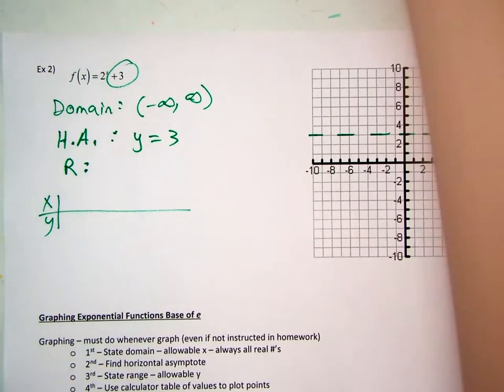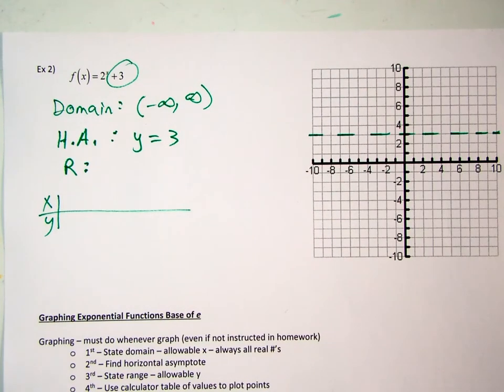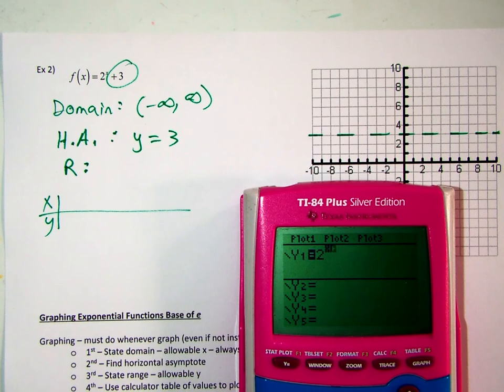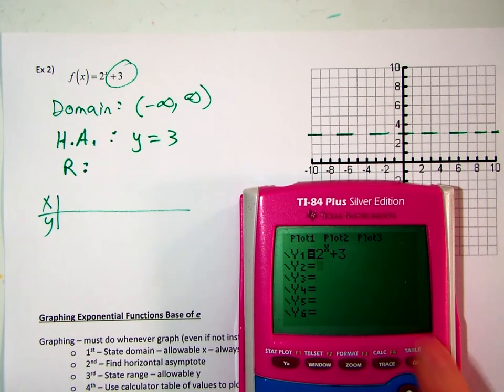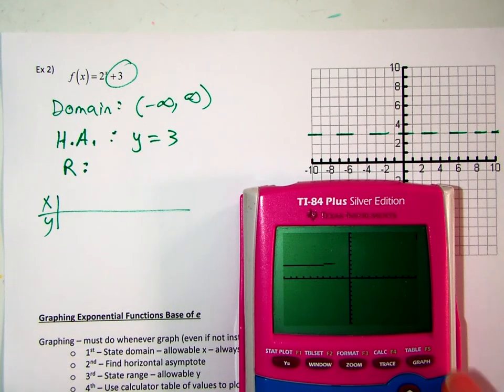So we'd go here, and we'd type it in our calculator. So y equals, and then it'd be 2 to the x power plus 3, and we can see what the graph looks like. Okay, and go ahead and go to our table to get that value.